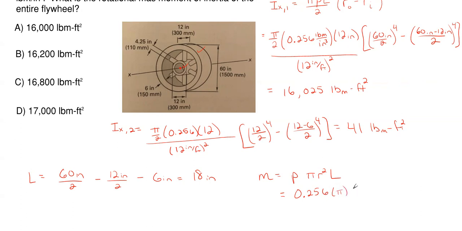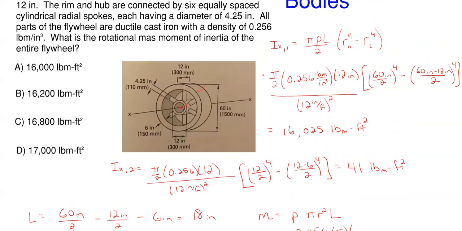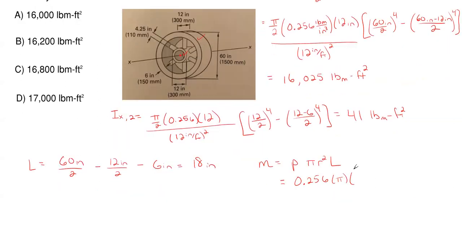We were told about our diameter of our spoke, which is 4.25 inches right here. So we need the radius of that, so we're just going to divide that by 2. So 4.25 inches over 2 squared, and then times the length we just found, which was 18 inches. And this will give us our overall mass for the spoke, which is 65.37 pound mass.